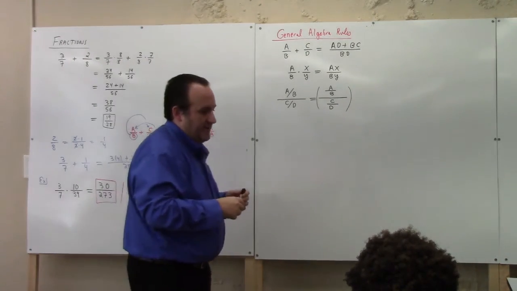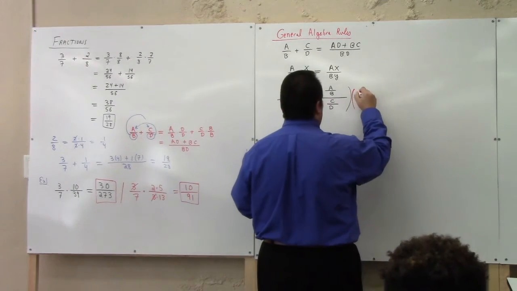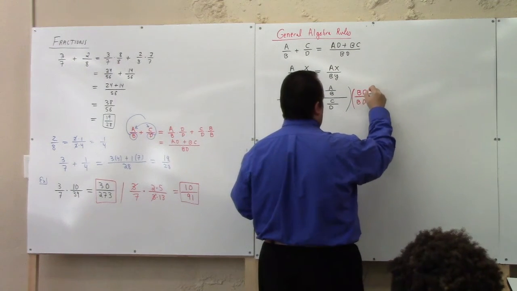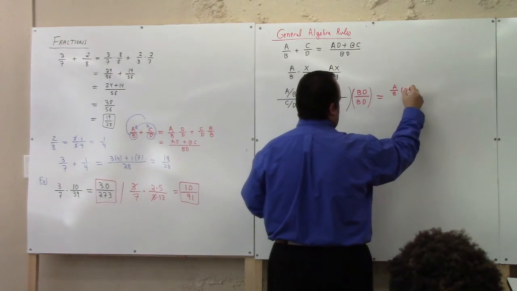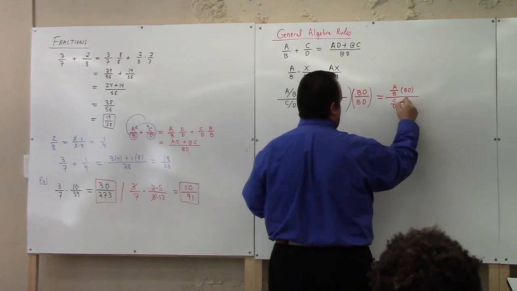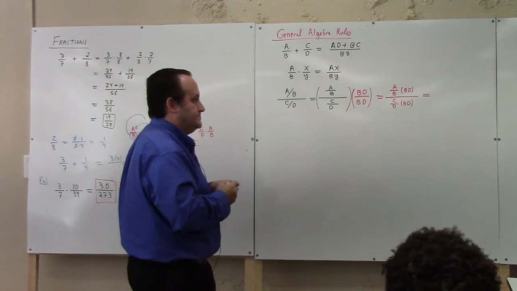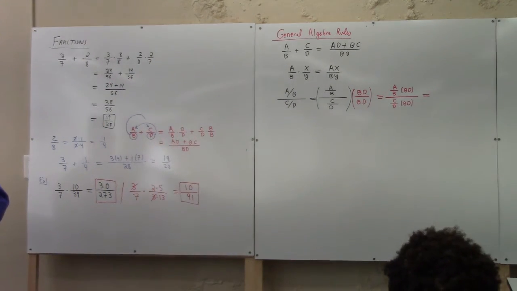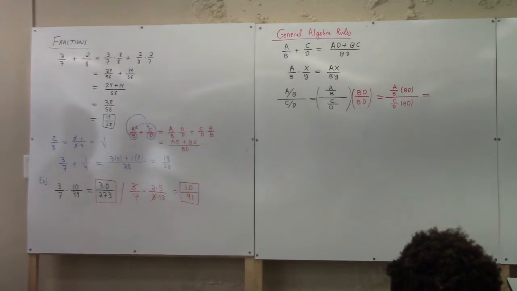If I multiply that fraction by BD over BD, what happens? I get A over B times BD upstairs, right? Over C over D times BD downstairs. How does that simplify? So on the upstairs expression, the b's cancel, right?